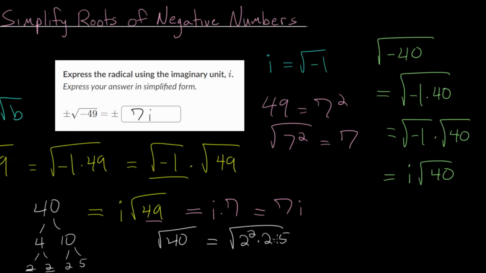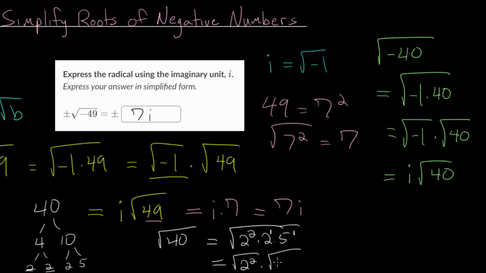These are unpaired. And the reason we do this is now we can separate this into a product of square roots, where we have the square root of 2 squared. So any perfect square underneath this square root can go in its own square root. And anything that's unpaired, or anything raised to the first power, can go into one square root together.